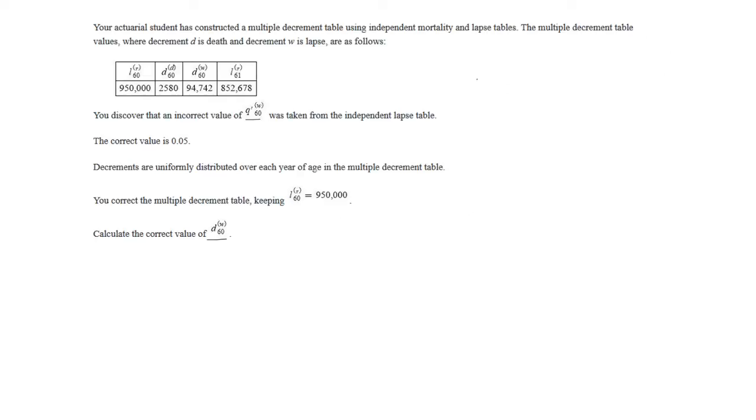Okay, so this is what we're going to do. First, we're going to calculate Q prime 60 decrement D. So this was actually calculated correctly. Okay, so what does that mean? Basically, we can use a table to find it.